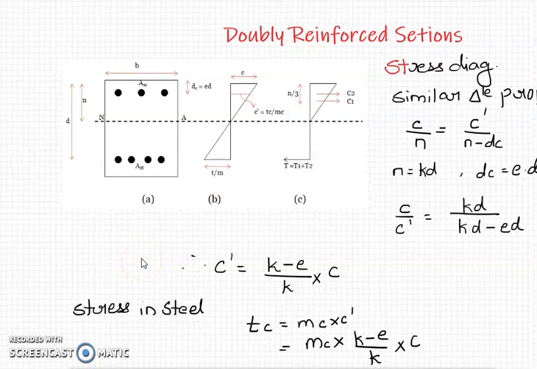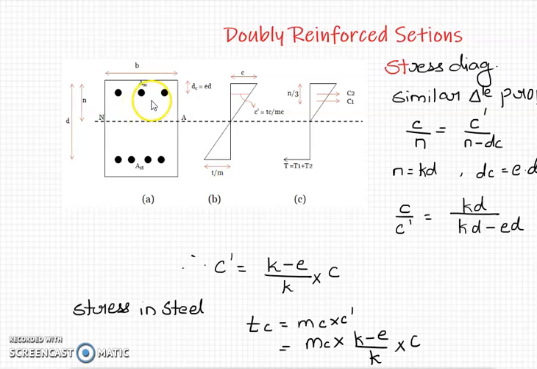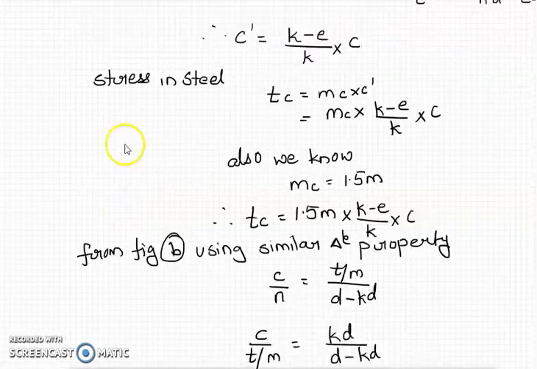So we will add this, and at the same time we will have to remove the same amount of concrete, because we have considered concrete as B into N, that is the entire rectangle. So when we put steel, we have to remove that much amount of concrete. So we will add the area of steel and minus the area of concrete in this particular section. This is again the concept of equivalent area.